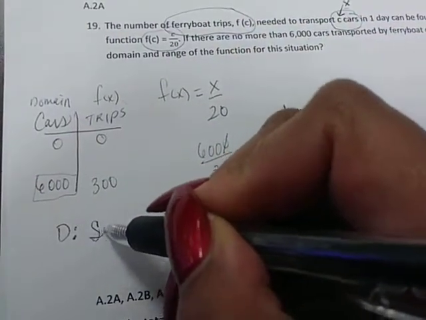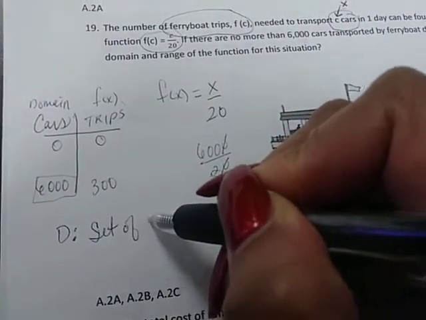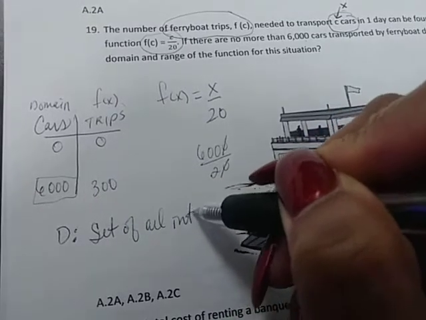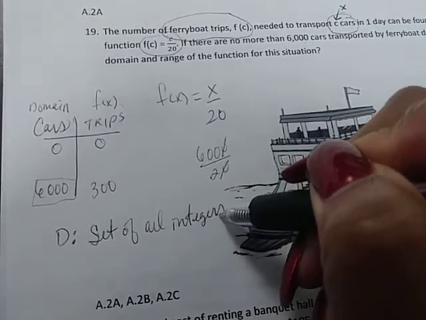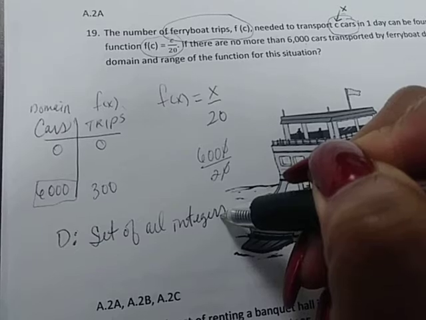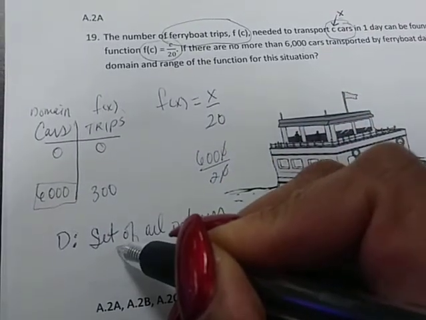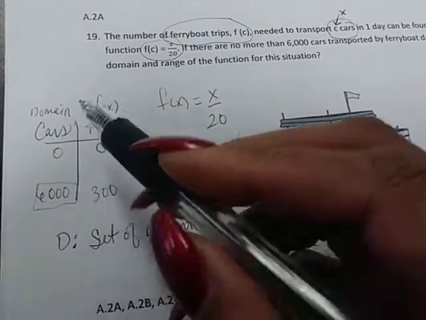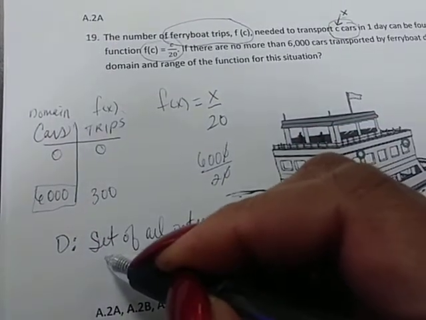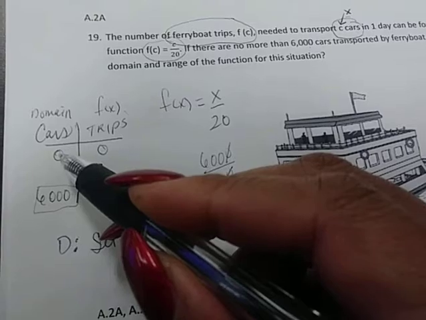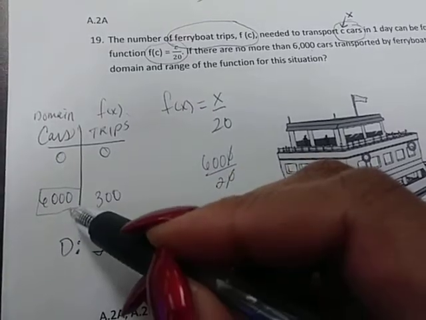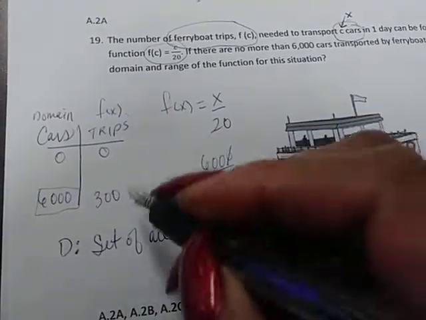Okay, let's just say set of all integers that are greater than 0, but less than 6,000.